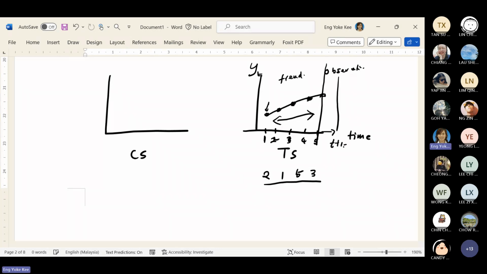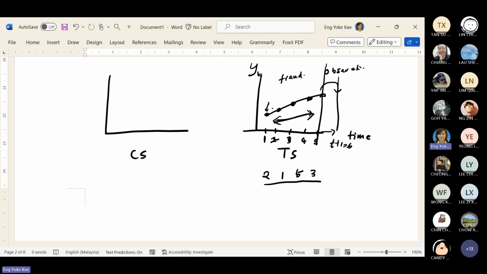T plus 1, which is 6. Can it go up, stay the same, or go down? So the key usefulness of time series data is that they give you the previous trend, and based on the previous trend, we can forecast the future trend.